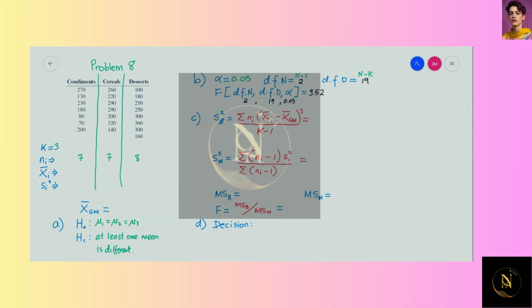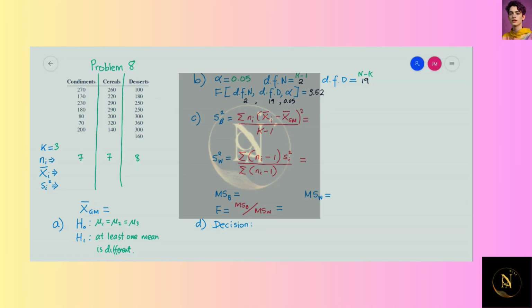Next, we're going to find the variance. In part C, we're going to find the variance between the groups, and this is the formula that we need to use. For us to use this formula, we need to have the n, the sample sizes for each group, which are already present. Then we need to get x bar i, which are the means for each group.